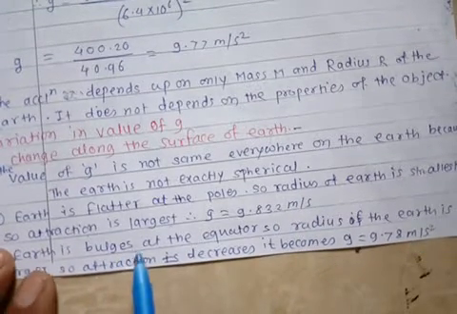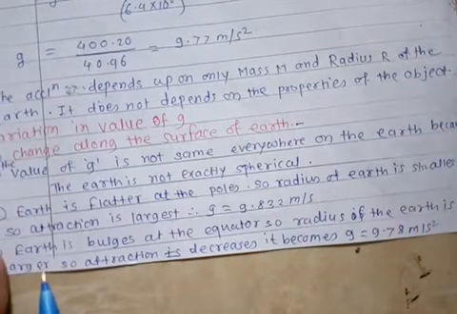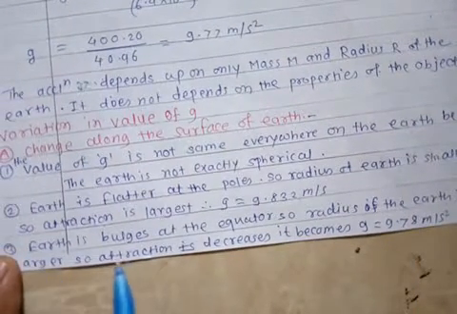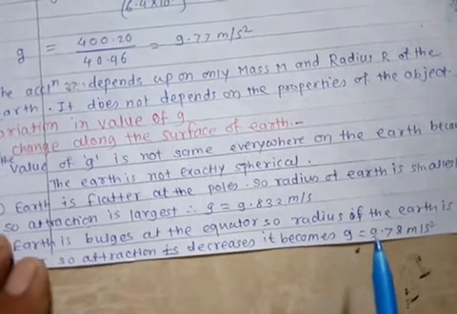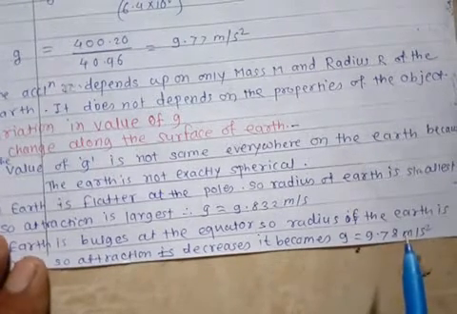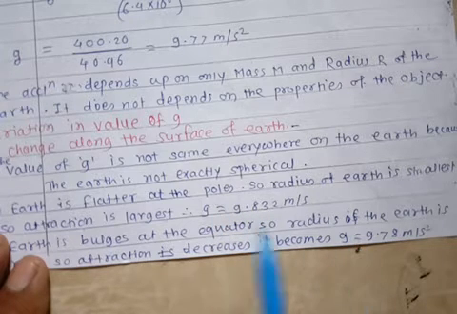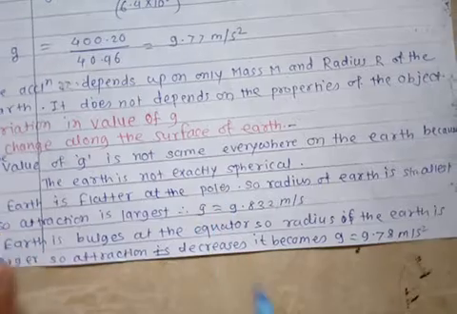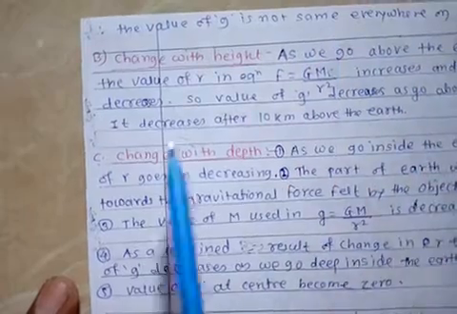But earth bulges at the equator, so the radius of the earth is larger, so the attraction decreases, and it becomes 9.78 meter per second squared. That is the difference between the poles and the equator. So g is not the same everywhere on the earth.